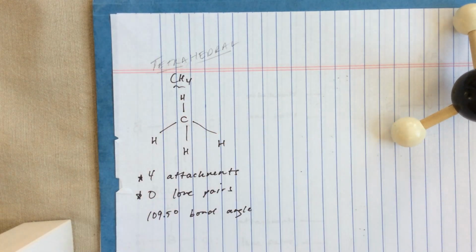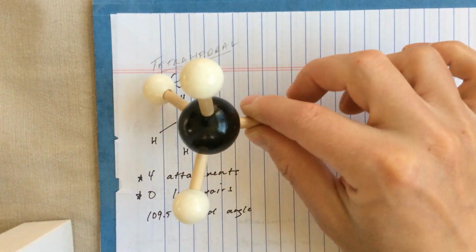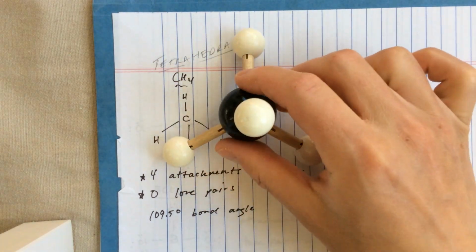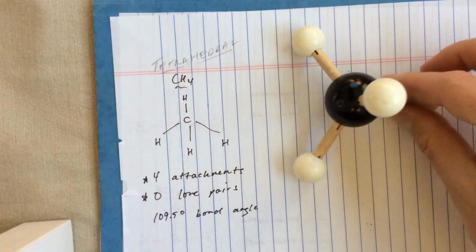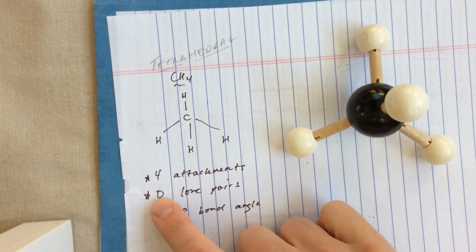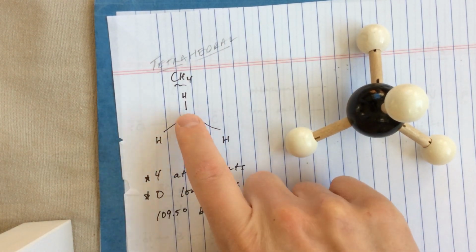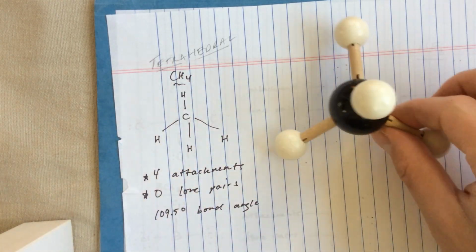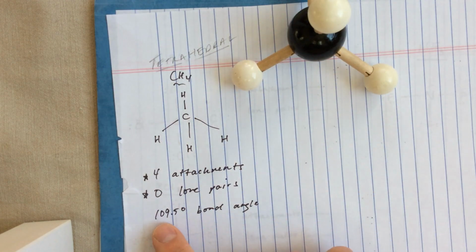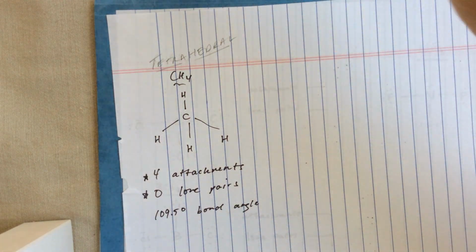One, two, three, four. You get a shape that looks like that pyramid, just with an extra thing on top. So four attachments with zero lone pairs, again only on the central atom, makes this a tetrahedral shape. 109.5 is the bond angle for that one.